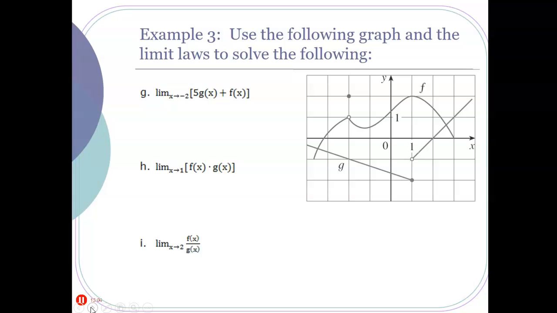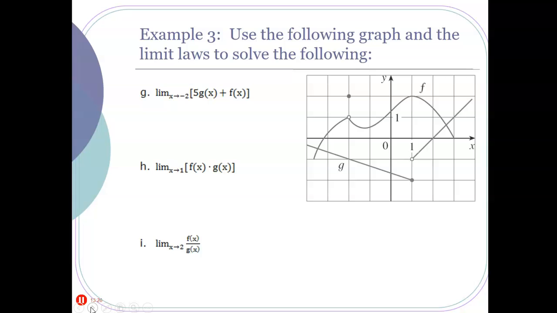Okay? The properties of limits say that limits are not limited to just finding their limit value, but that we can add or subtract limits together. We can multiply them by constants. So we can basically apply algebraic properties to limits.